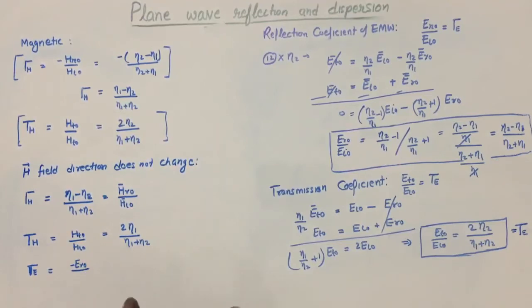Then to make the propagation direction proper, it will be equal to the, I am writing just final findings, you can verify this on your own, and the transmission coefficient will be E T naught by E I naught, that will give you 2 eta 2 divided by eta 1 plus eta 2.